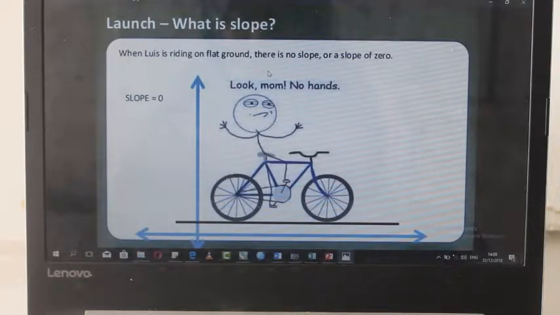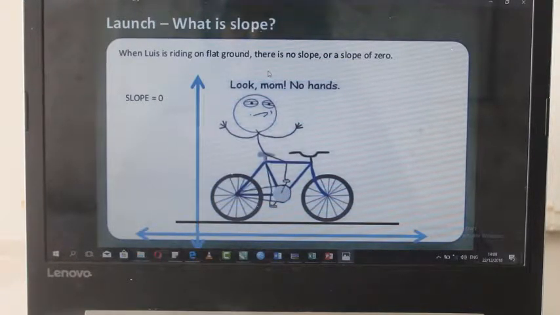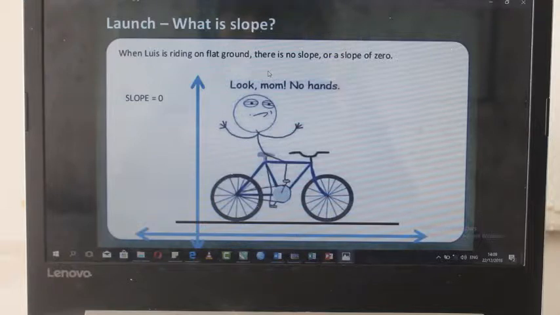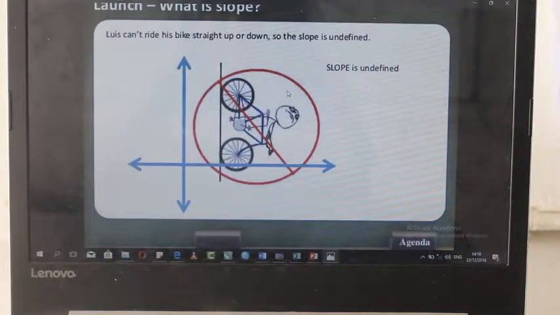And this is the zero slope, when Louis is riding on flat ground. And the last is undefined slope. Louis can ride his bike straight up or down, so the slope is undefined.